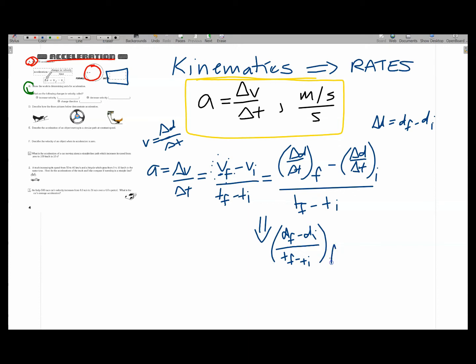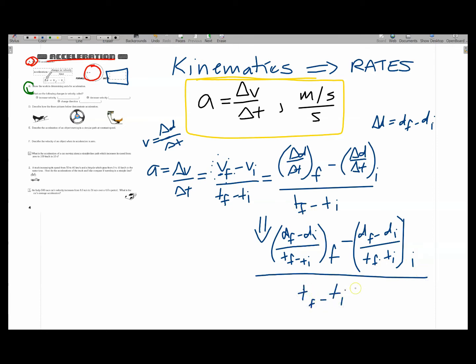And all of that, of course, final. This final, that final. Just do the same thing for here, and we have d sub f minus d sub i over t sub f minus t sub i. That's my initial, kind of curvy. And divide by t sub f minus t sub i. That, my friends, is acceleration.